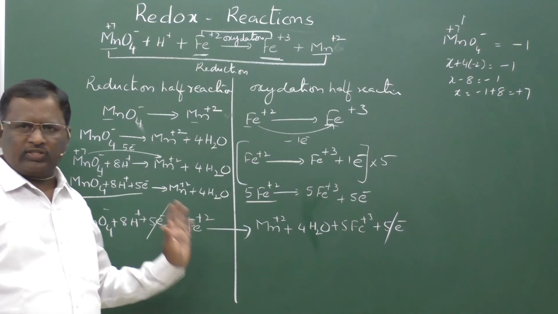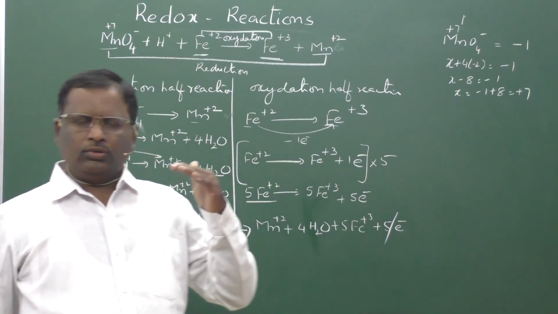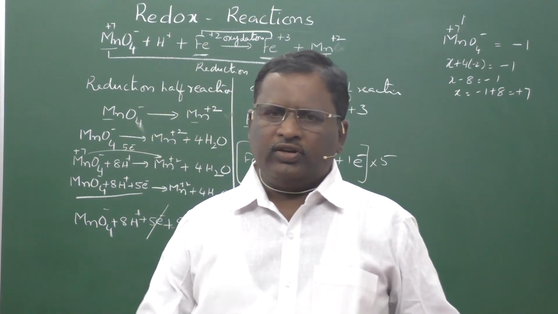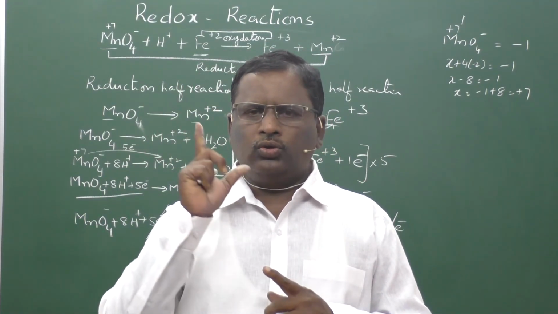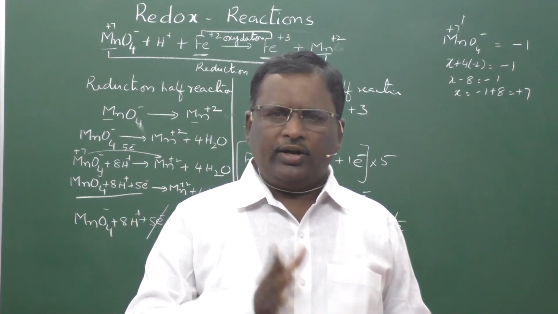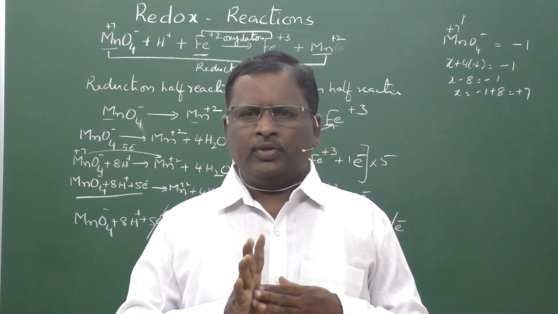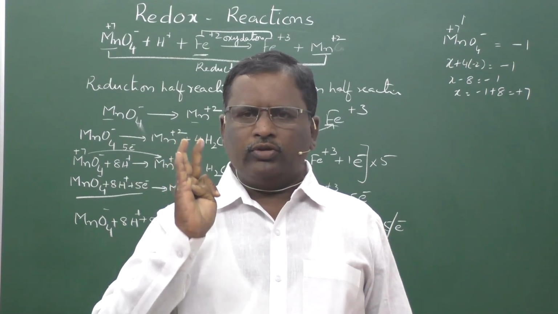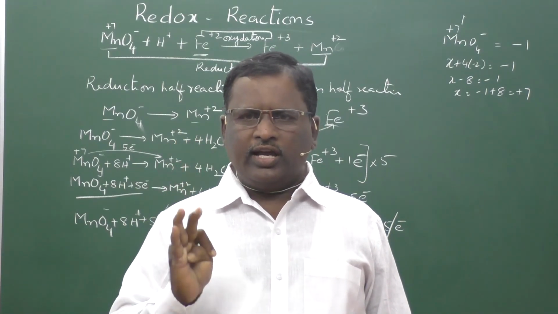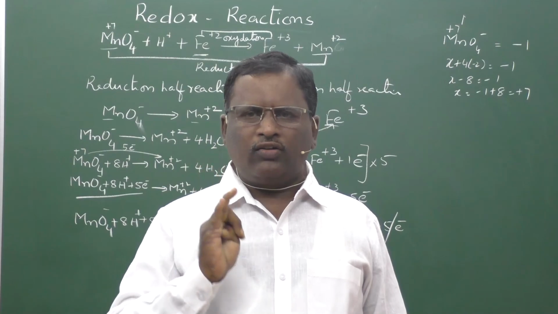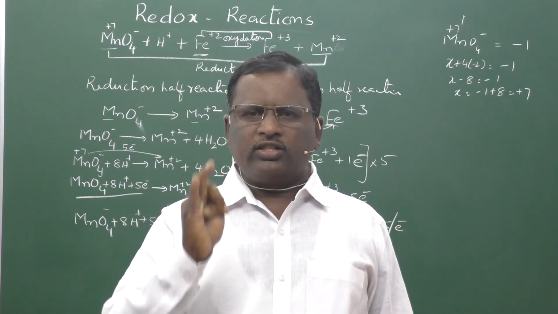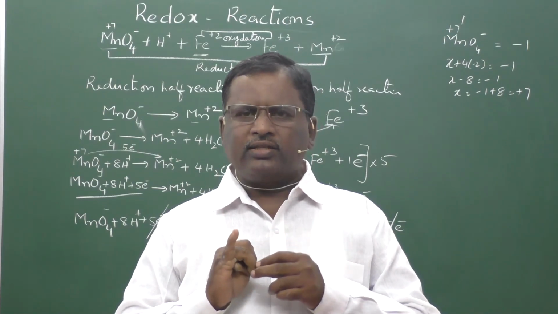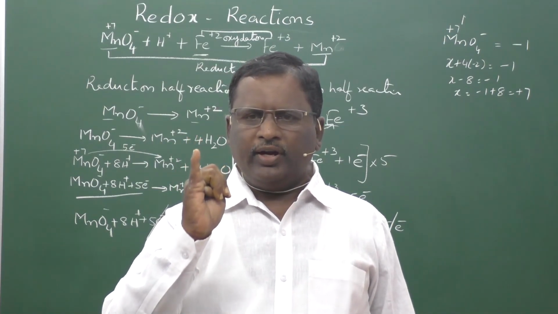So in this process you have to do the balancing in a stepwise manner. First, write the skeleton ionic equation, then identify which species is oxidized and which species is reduced. Then split the equation into two half reactions, namely oxidation half reaction and reduction half reaction. Then balance each half reaction independently.